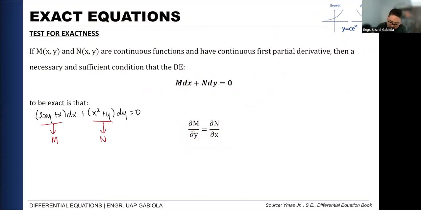So, the first is the partial of M with respect to y.